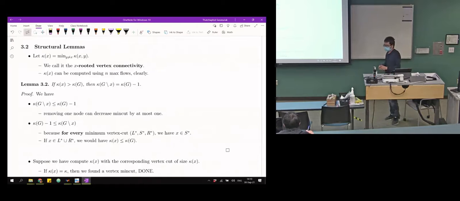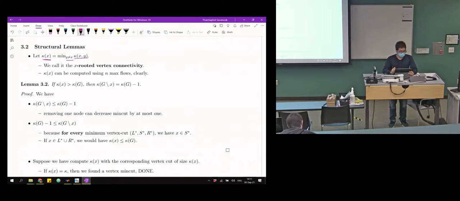We need some more structural lemmas to increase the gap. To do that, let me define one more thing: kappa of x. This is nothing but minimizing kappa of x, y over all y. It's like a rooted connectivity, the smallest min cut that separates x from anyone.